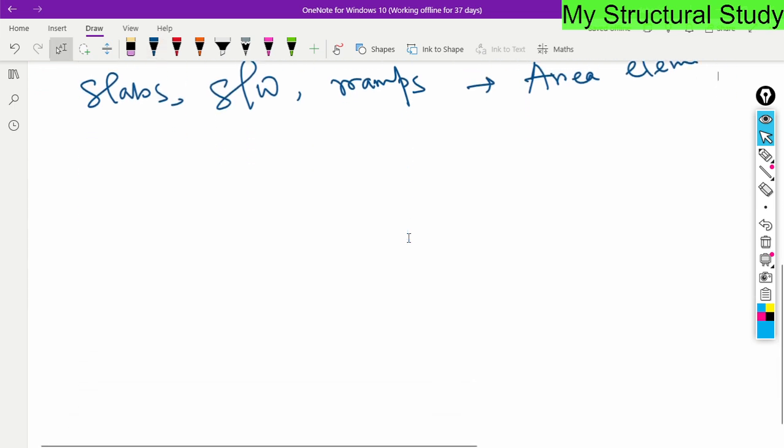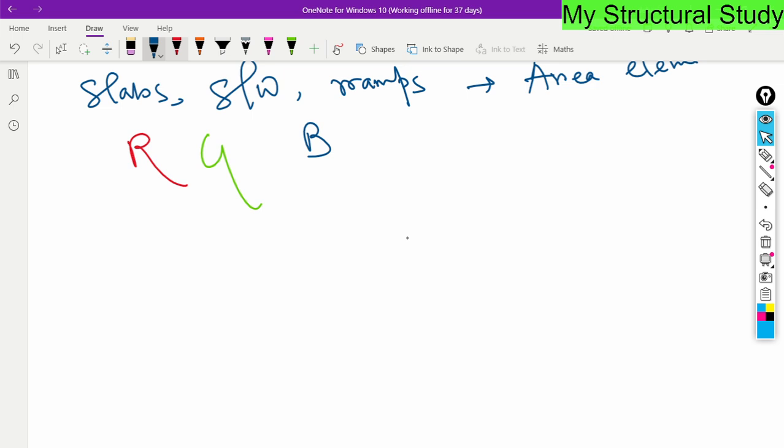So for local axis, there are three different colors. One is red, another is green, and another is blue. Red is always axis one, green is always axis two, and blue is always axis three.